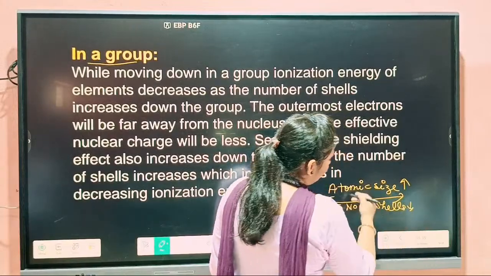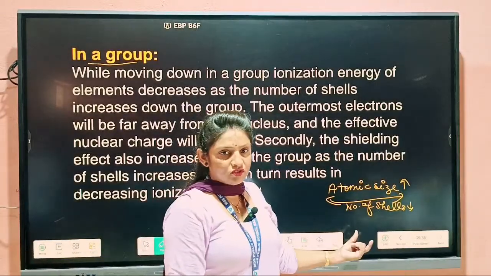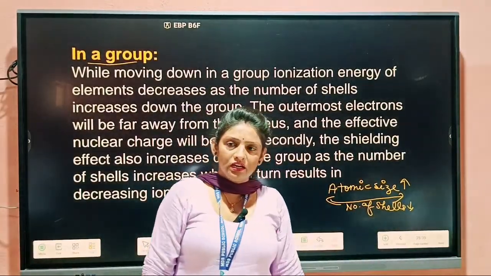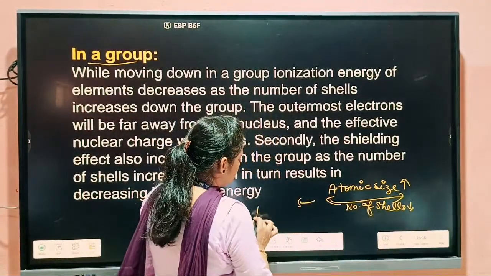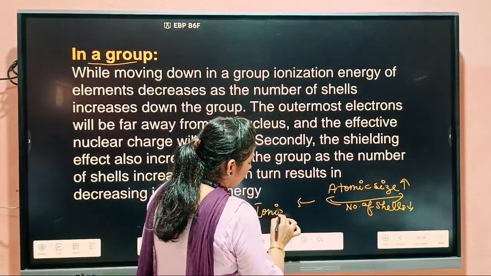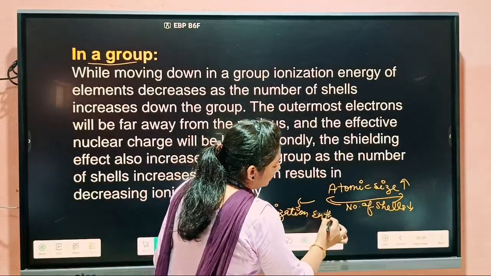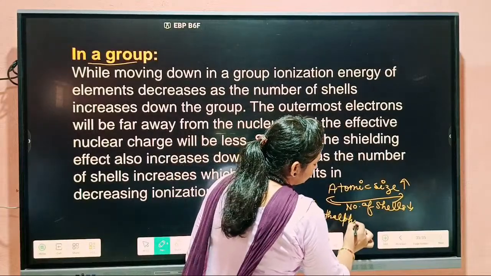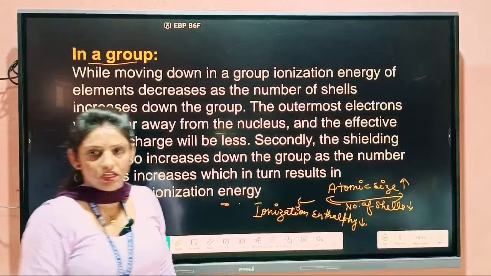You know very well, atomic size and ionization enthalpy are reciprocal. So if atomic size increases, then ionization enthalpy will decrease down the group. So students, this is all about ionization enthalpy.